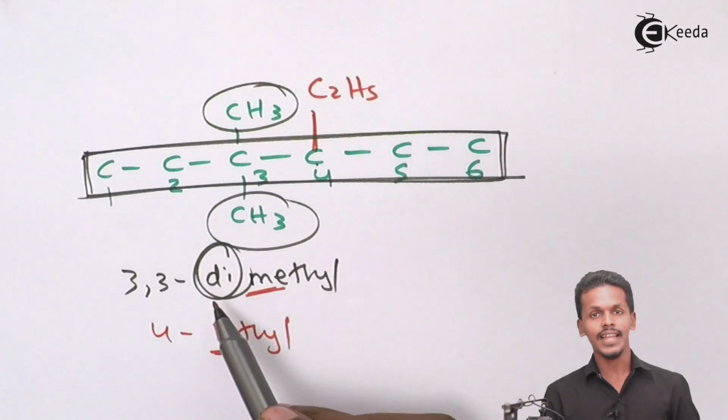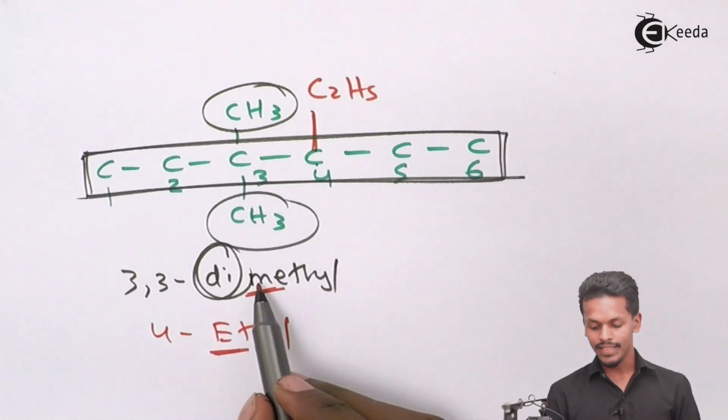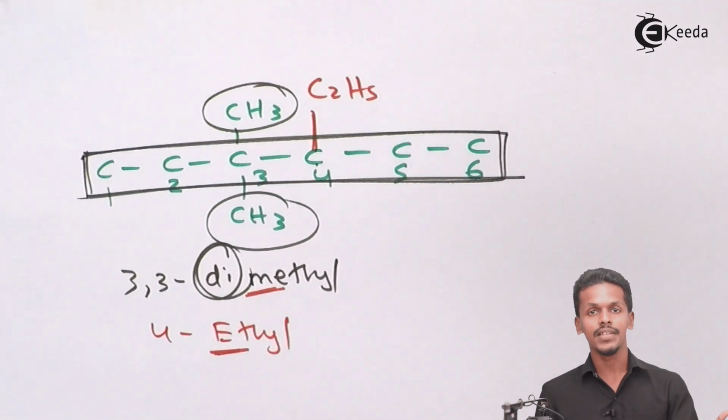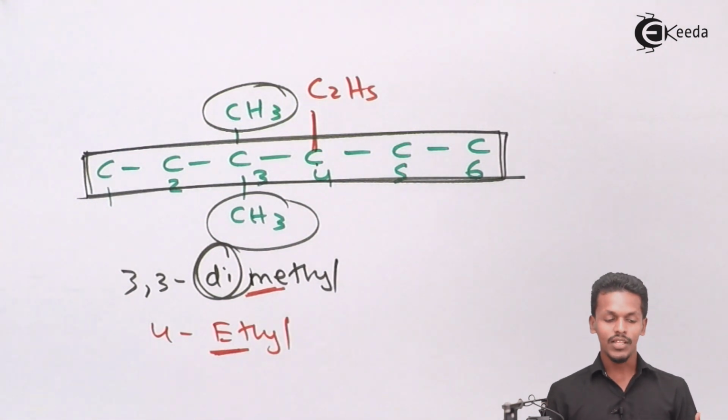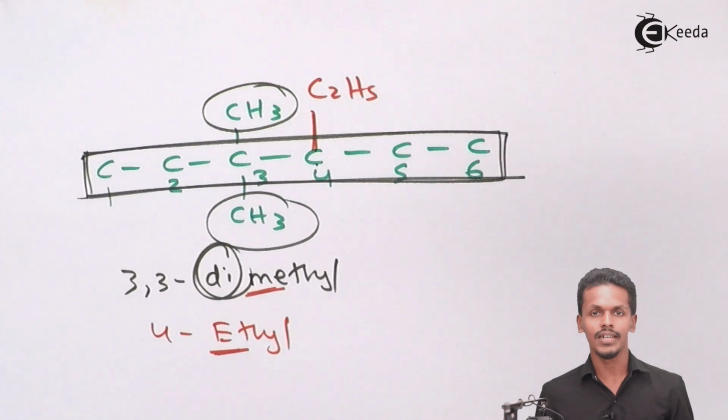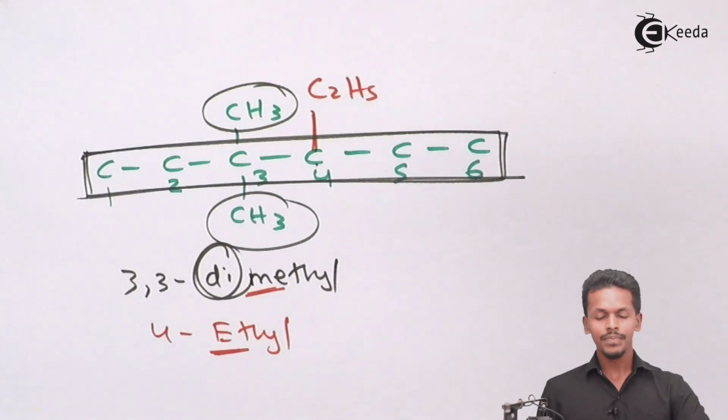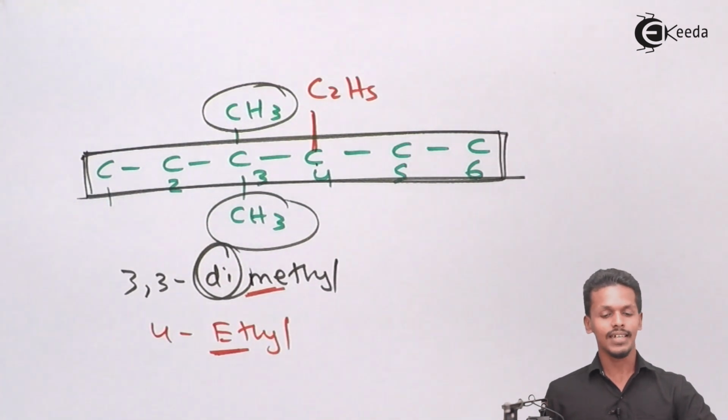This di doesn't have that preference, but M has a preference after the alphabet E. This is what the rule said, what we have learned in the 7th rule. Now let us go on with the next rule.